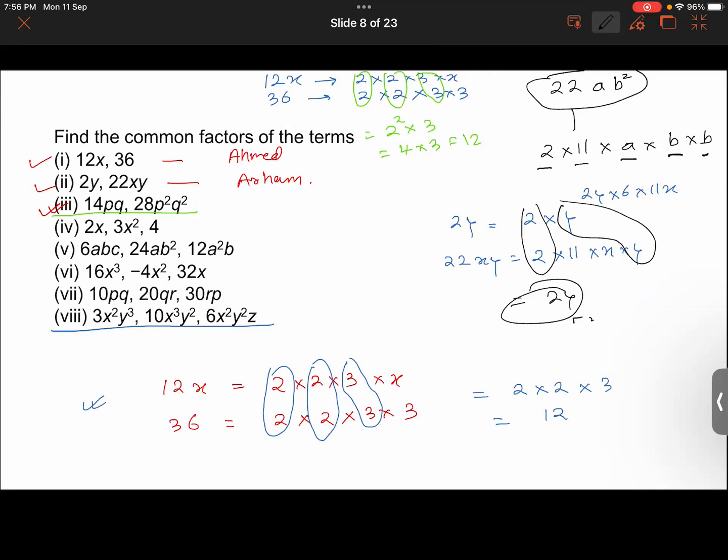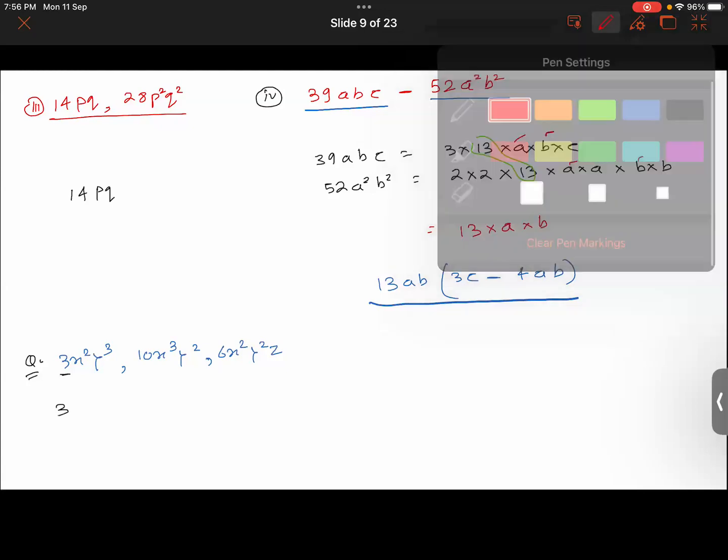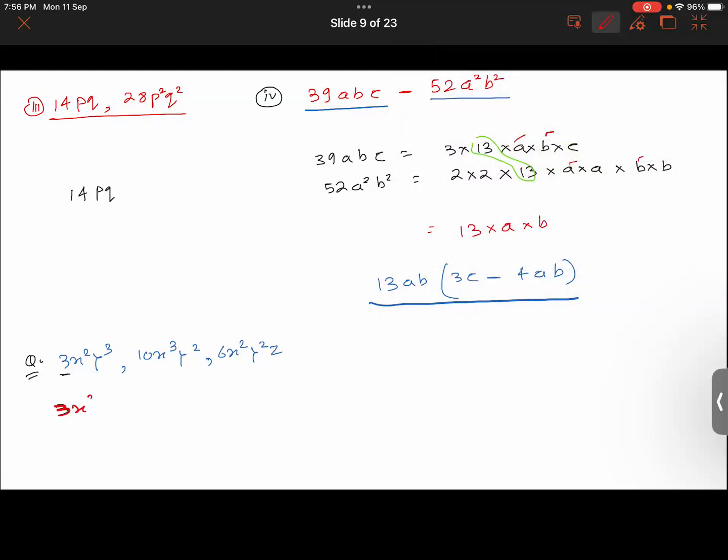How can you have 4 common in the 3 terms? Let's check it out. So only x square and y square are common. Exactly, x square and y square. Getting it now? Then it's correct.